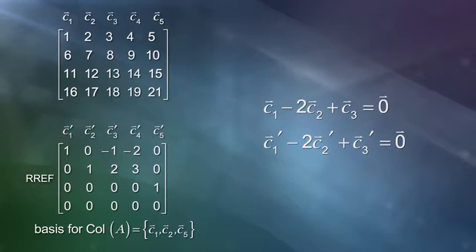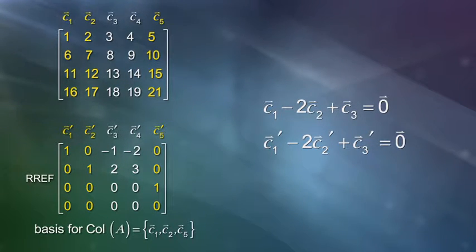This also means that if, in the RREF, the first, second, and fifth columns are linearly independent, then in the original matrix, the first, second, and fifth columns are linearly independent as well. Because whatever coefficients worked for C1 prime, C2 prime, and C5 prime to get the 0 vector, namely, only the 0 coefficients did, those same coefficients are the only ones that work for C1, C2, and C5.